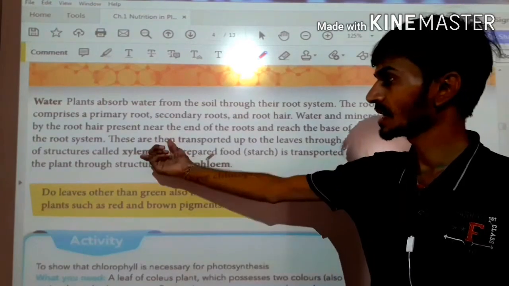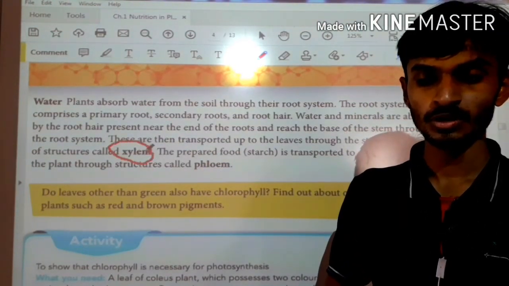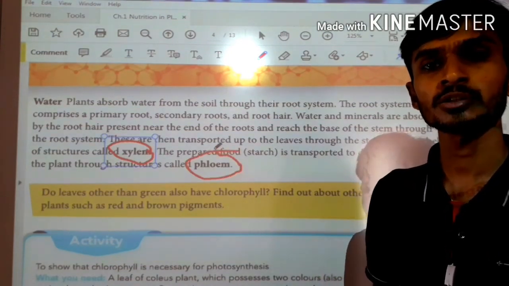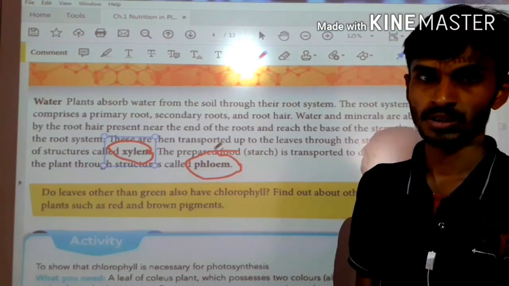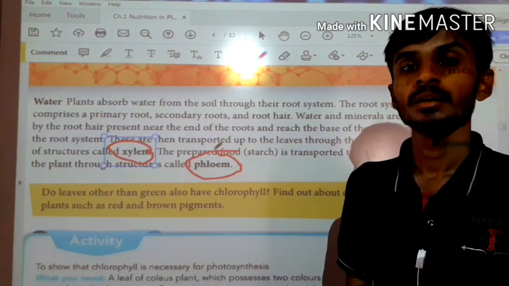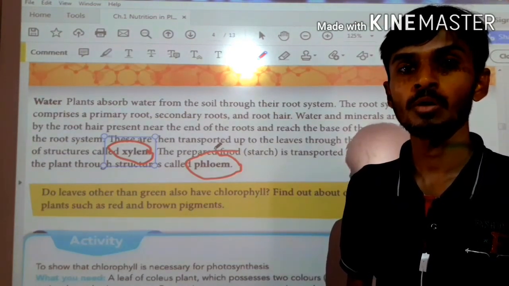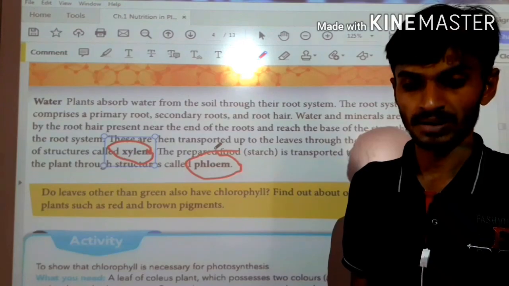So this is xylem and this is phloem, right? Xylem is useful to transport the raw material, water, minerals towards the green leaves, right? And phloem will be helpful to transport the food to all the parts of the plant, right?